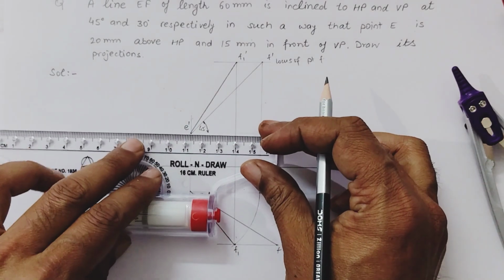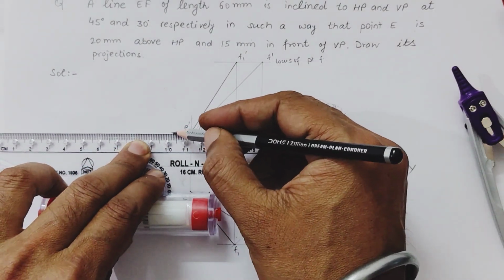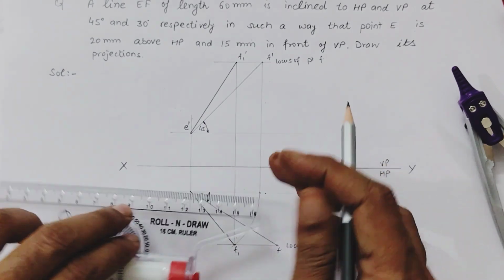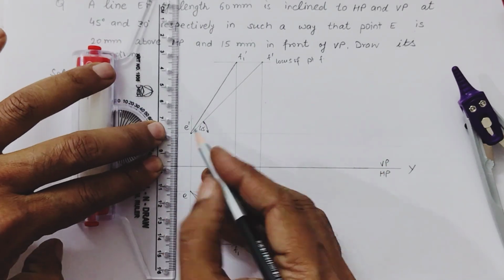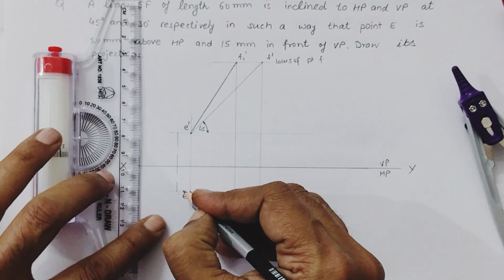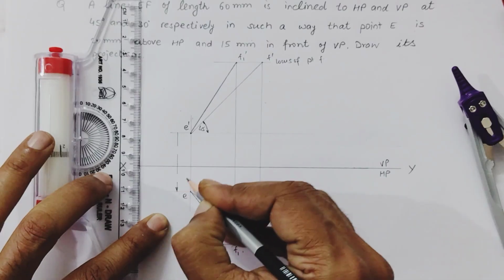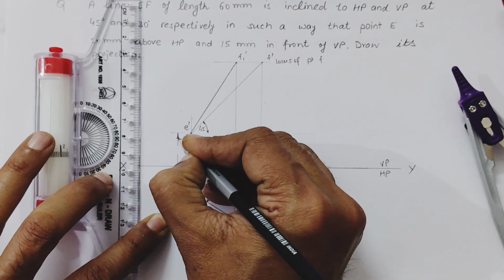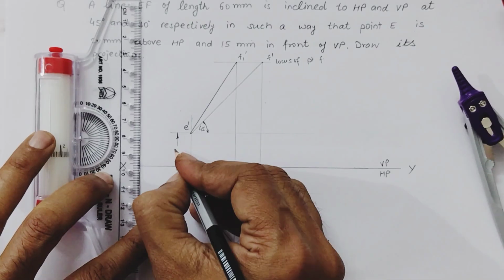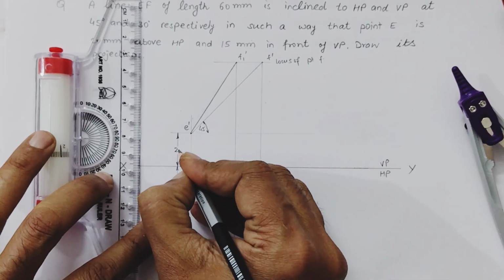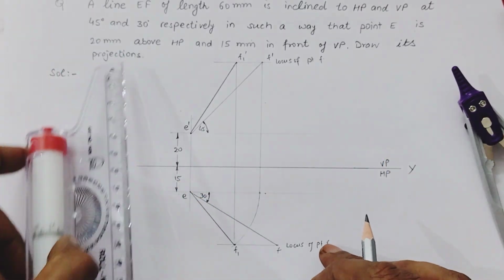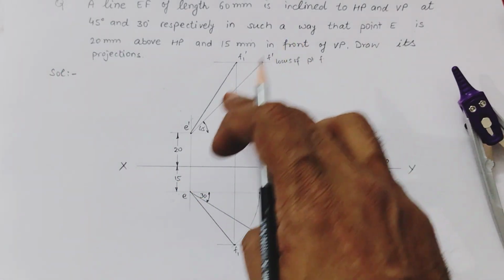Mark respective distance here. First of all, mark extension line to draw the projections. This distance is given as 20 mm. This one is 15 mm. And this dimension is 60.